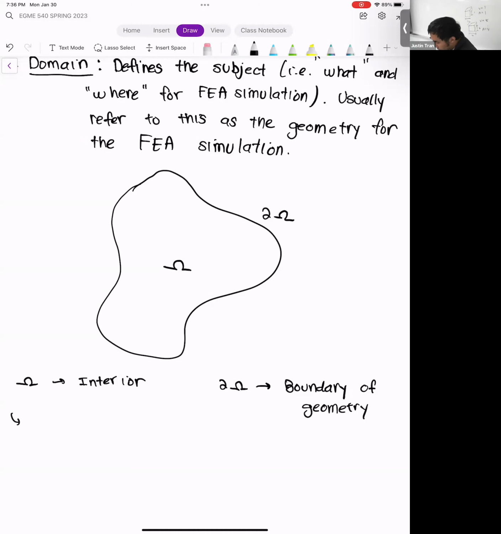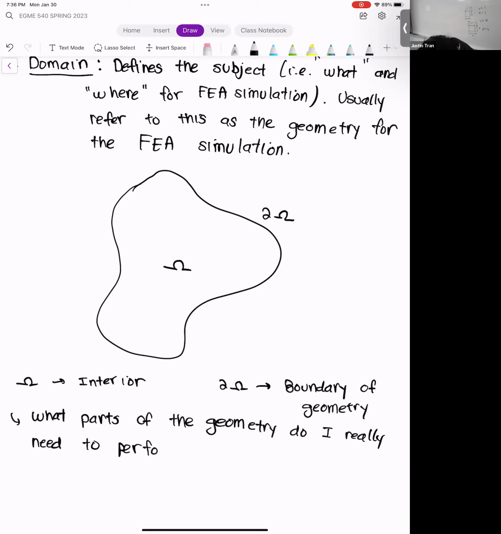So it's often useful to think about what parts of the geometry I really need to perform my FEA well.